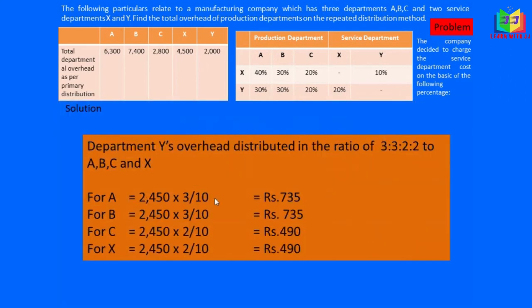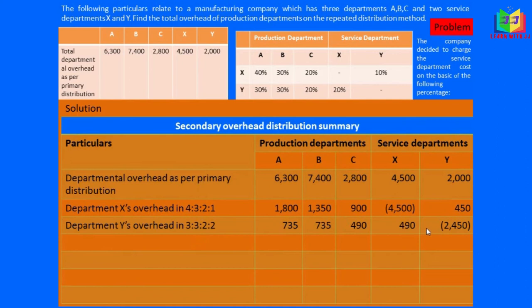So 2,450 into 3 by 10, 2,450 into 3 by 10, 2,450 into 2 by 10 and 2,450 into 2 by 10. We get 735, 735, 490 and 490. I'll write that there.